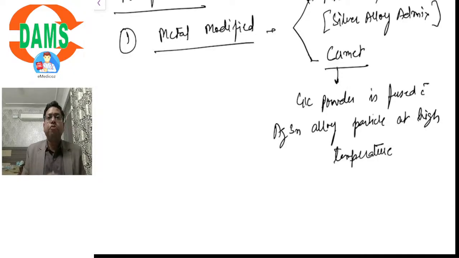The portion of the glass particles are coated with the silver particles due to fusion at the high temperature. So this is the technical difference between CERMET and silver alloy admix. Silver alloy admix is a simple mixture of GIC powder particles with the silver alloy particles. And when we fuse them at high temperature, it becomes CERMET.